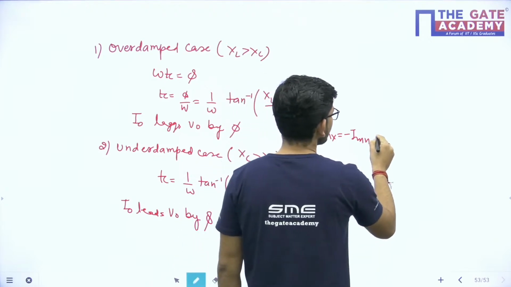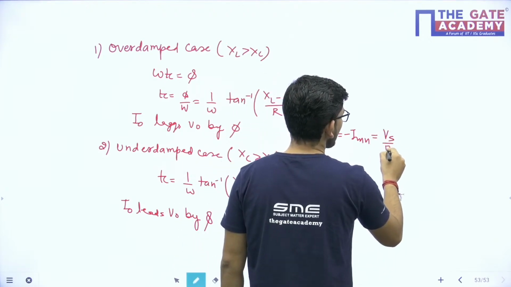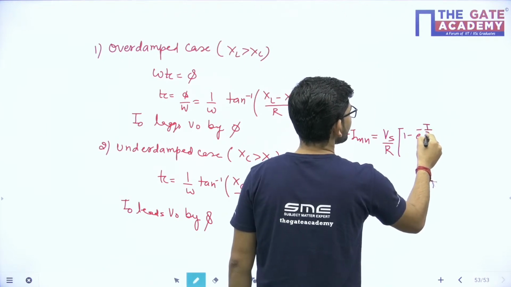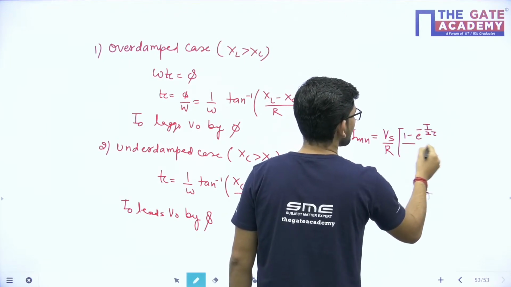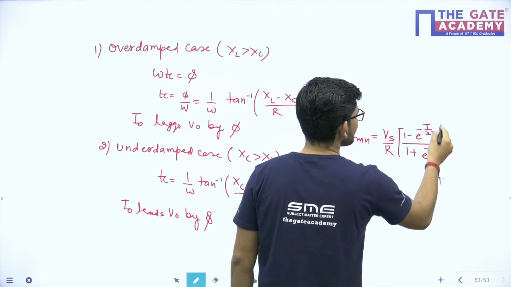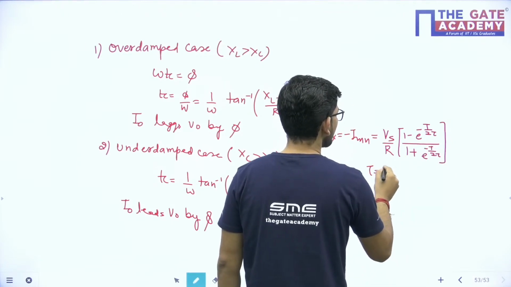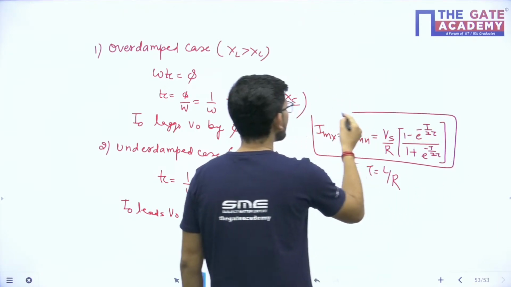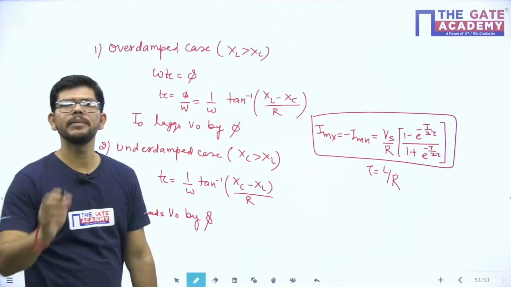This is equal to Vs upon R times 1 minus e to the power minus T by 2 tau upon 1 plus e to the power minus T by 2 tau, where tau is L by R. So by using this particular formula, you can calculate the maximum and minimum current.